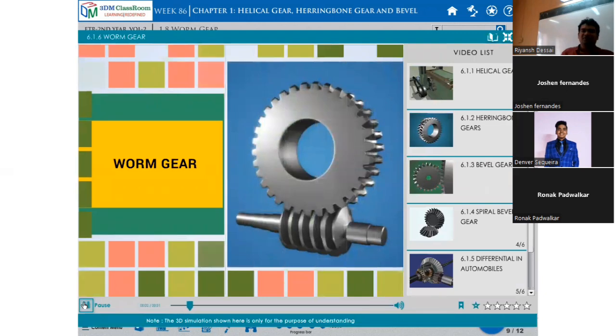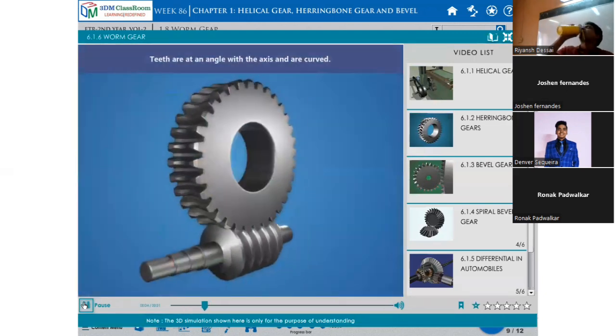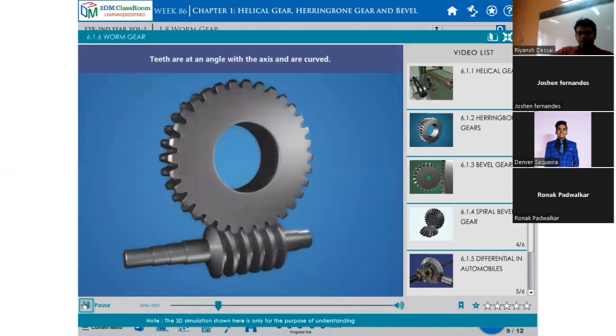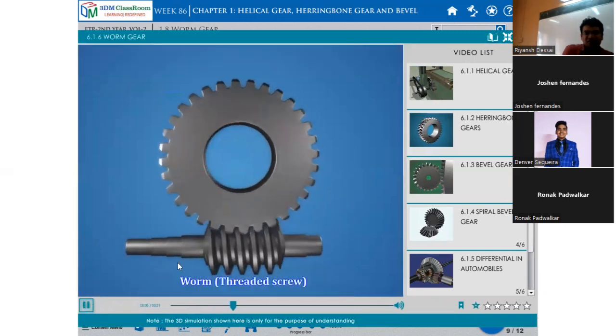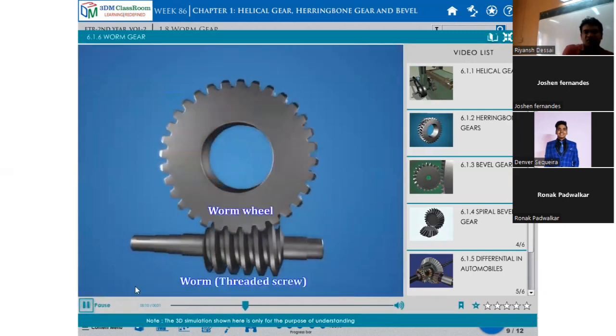Worm gear. See, the teeth are angled to the axis and curved. If the worm rotates 50 times or more, the worm wheel will rotate once, depending on the number of helical teeth present on the pinion. Here this is a gear. So this thread and this thread get matched.